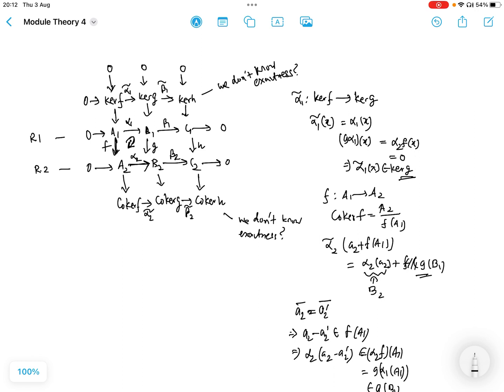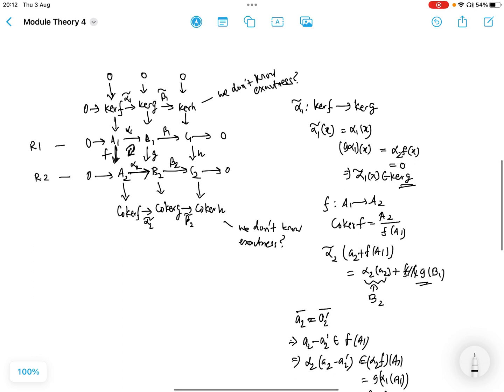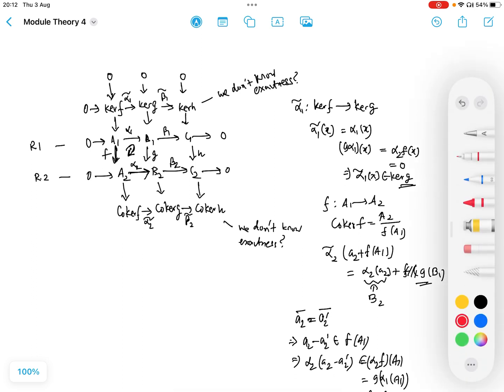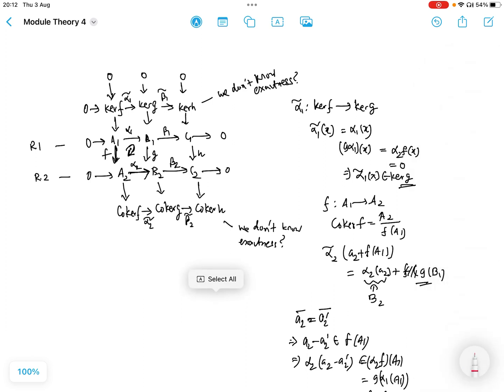So now the main thing comes into the picture. You have such a sequence from 0 to kernel F to kernel G to kernel H. So far we don't know whether it is exact or not, but we'll show that this is indeed an exact sequence first.